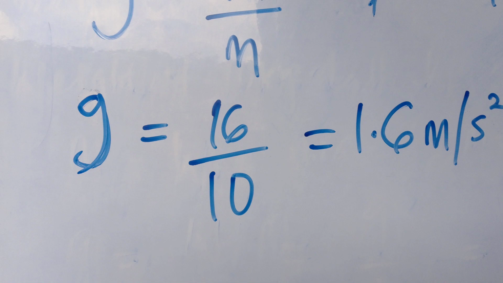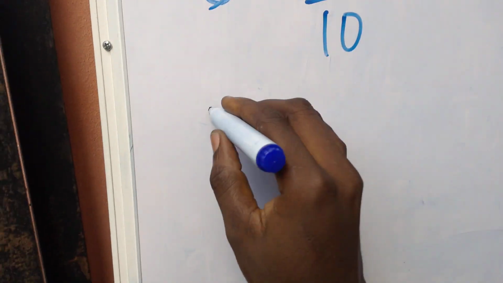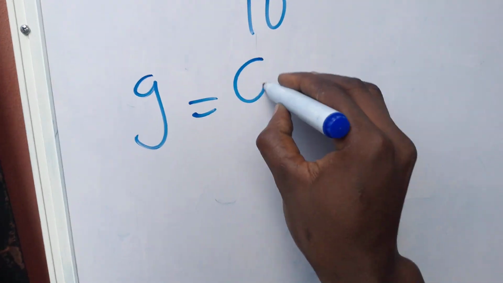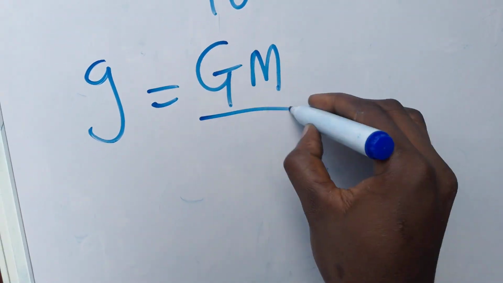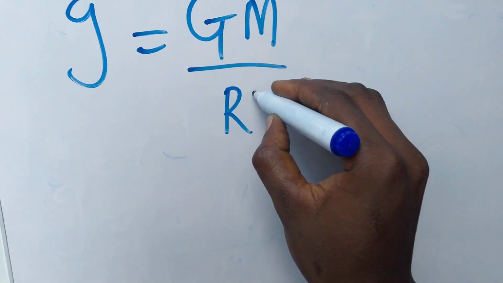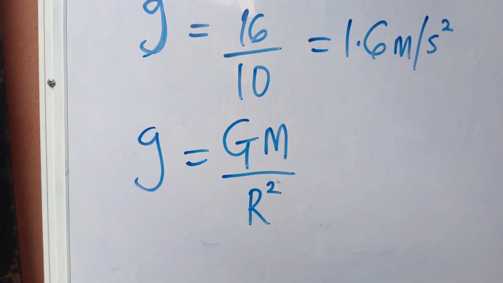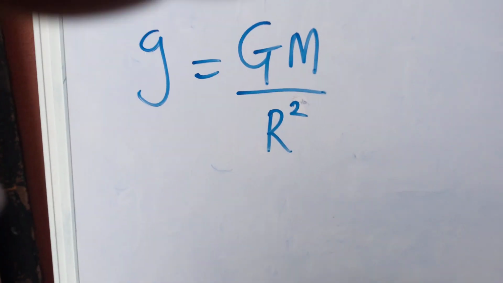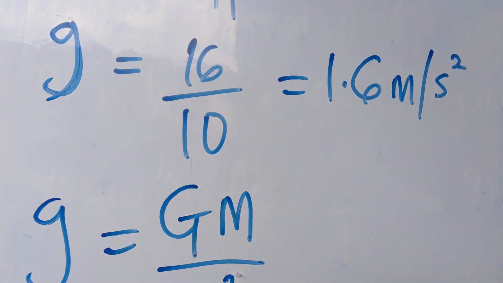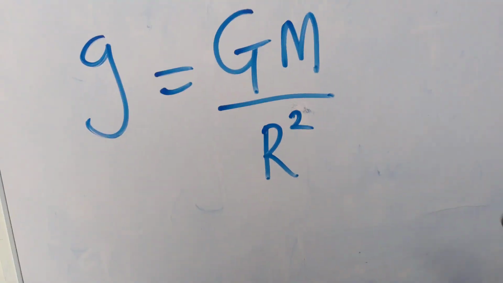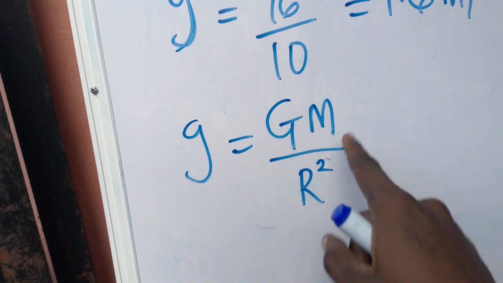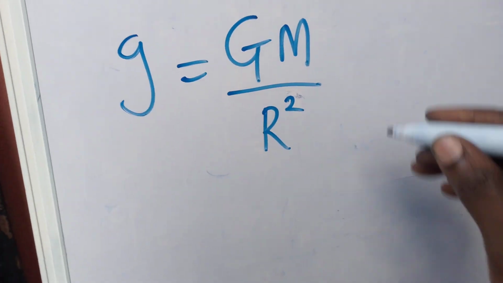Now we also come back to the formula that acceleration due to gravity is Gm over r square. That's the gravitational field intensity, the gravitational constant times the mass of a planet over r square.